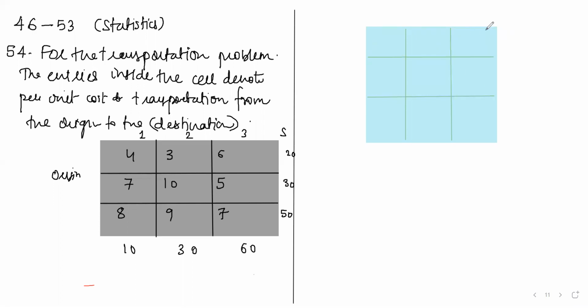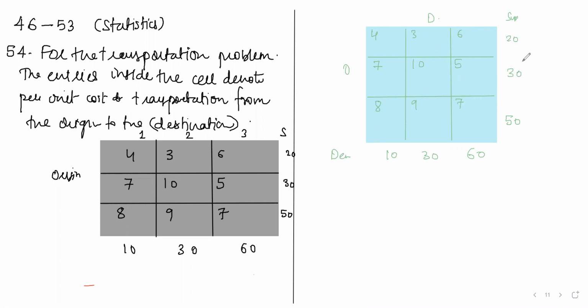Here this is my destination, D, this is my origin, and this is the supply. Supply is 20, 30, and 50. And the demand they have given is 10, 30, 60. And here I write down 4, 3, 6, 7, 10, 5, 8, 9, 7.